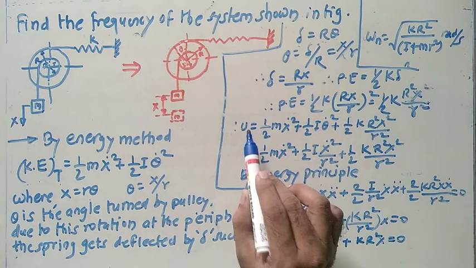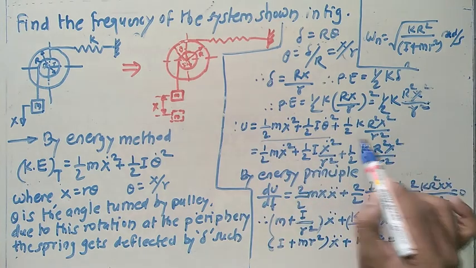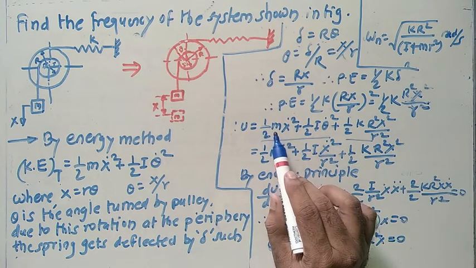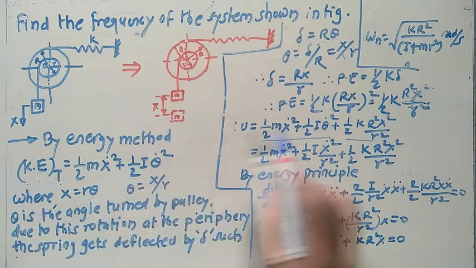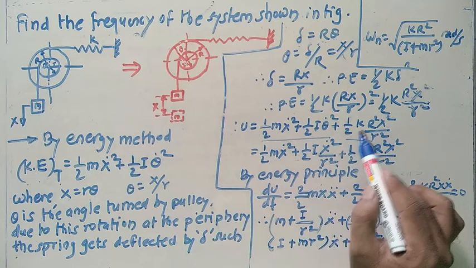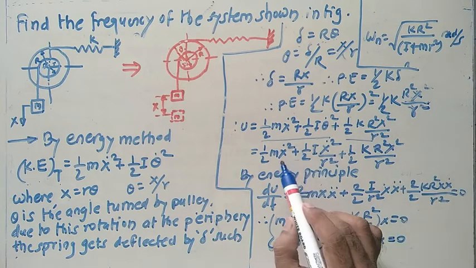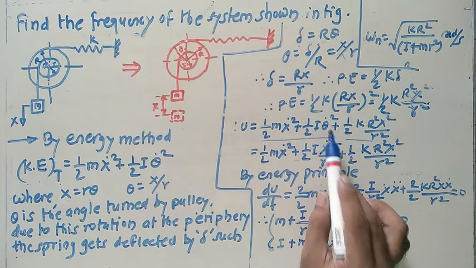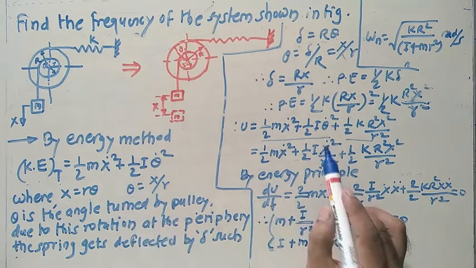So what about the total energy? Total energy is nothing but the addition of kinetic energy plus potential energy. So what about the kinetic energy? Kinetic energy we already get from this relation, right? Total kinetic energy, write this term as it is, and in the next step write the potential energy here. In the next step you have to replace this theta term by this relation. So here theta is the angular displacement, and here we want the angular velocity.